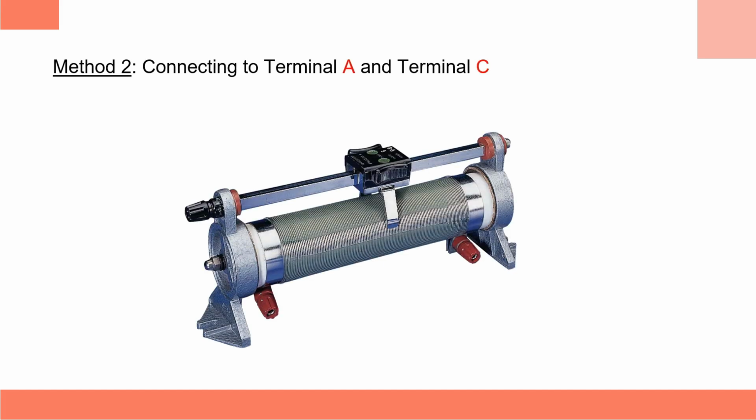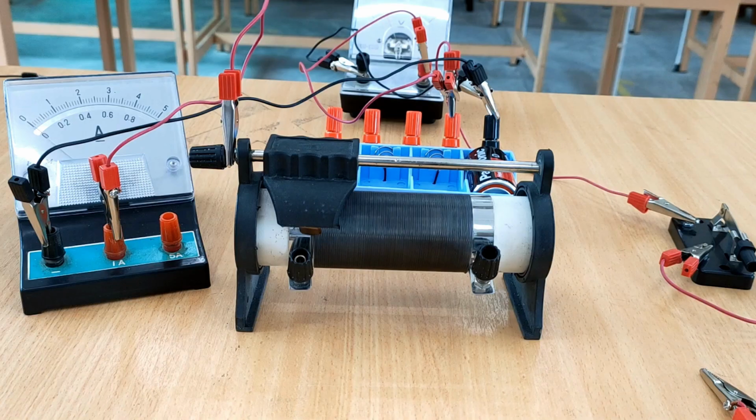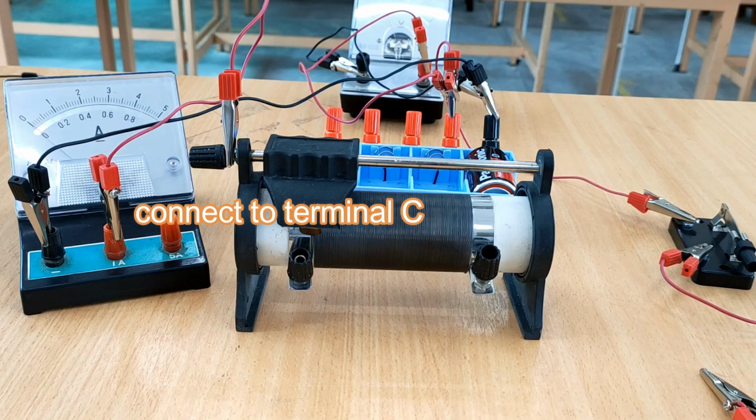Next, I would like to show you the simulation of the connection of the rheostat with the second method, where the connection is between terminal C and terminal A. Here, you can see that the crocodile clip is already connected to terminal C, where the position is at the top left side.